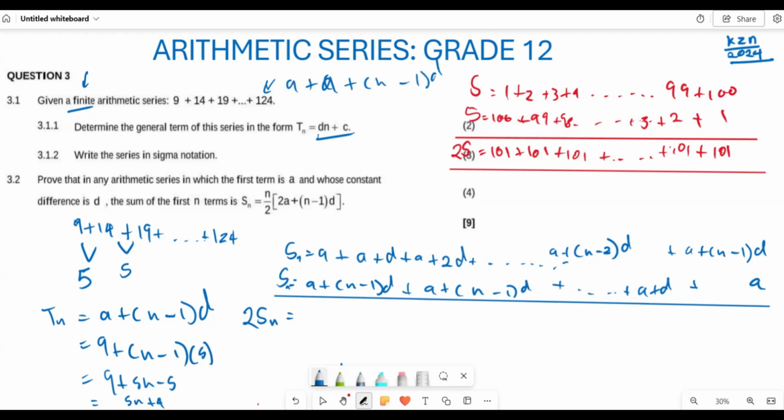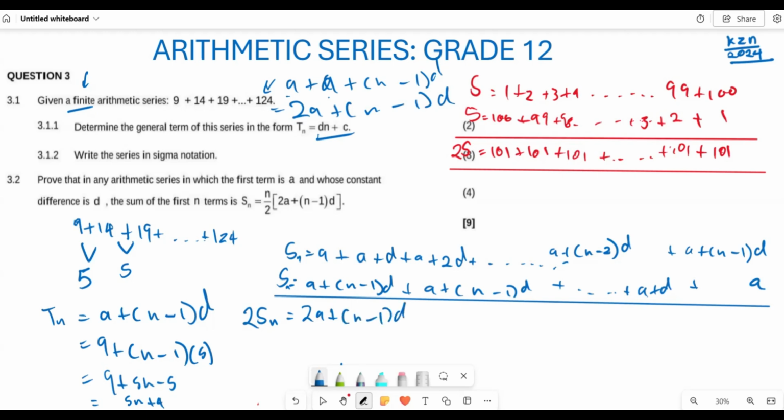Can you see that A plus A is going to give us 2A plus (n − 1)d? Isn't it so? So here I am going to have 2A plus (n − 1)d.